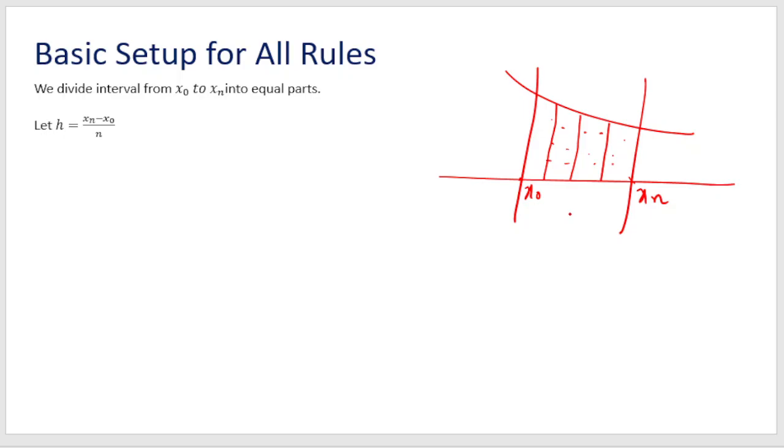I'll try to take h very small. And what is the formula to calculate the value of h? The formula is (xn minus x0) divided by n. xn is the last value of the interval, x0 is the first value of the interval, divided by n. We will get h.